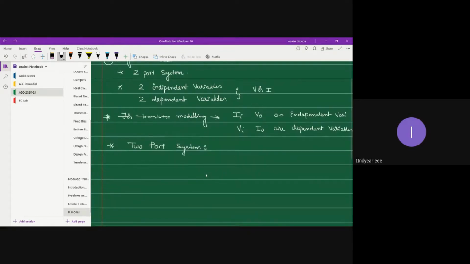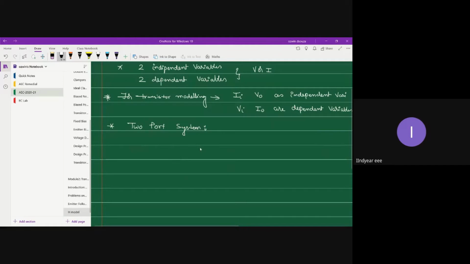This is a general block diagram of a typical two-port system. More of it you will study in network analysis, but here let me just give you a brief introduction to the two-port system on the basis of transistor modeling.